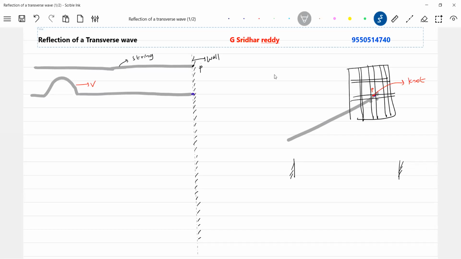I think you tie a rope between two walls to hang clothes, to dry clothes. You're going to put a knot. One nail will be there, and to that nail you are going to tie this particular rope. Am I right?